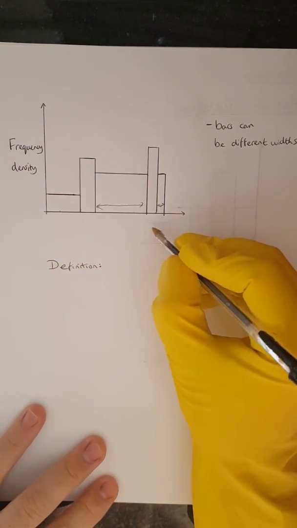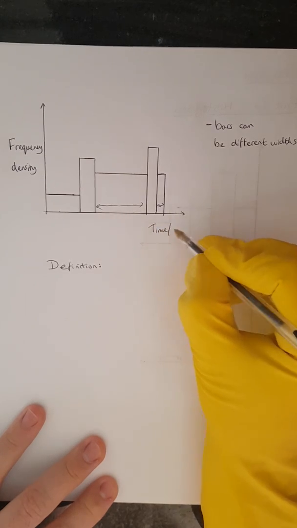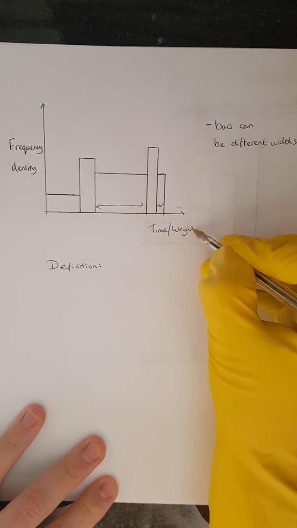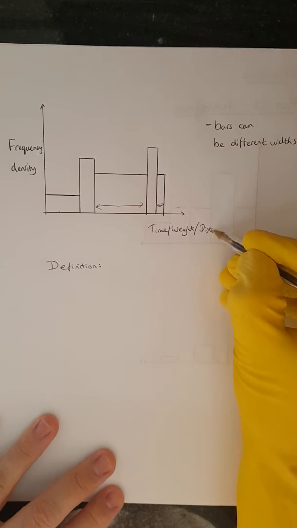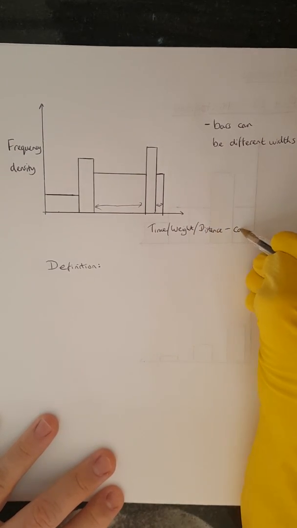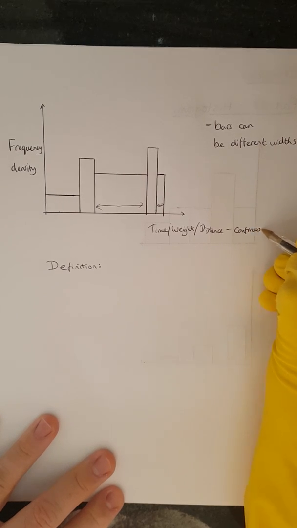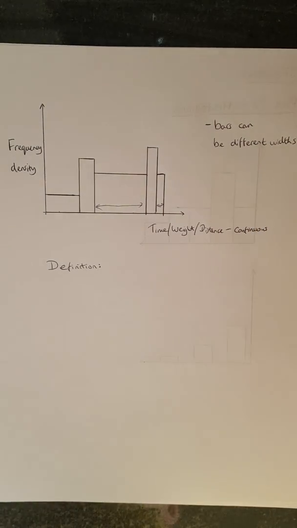Now your other axis might be something like time or weight or distance. These are continuous measures. Frequency density. It still doesn't tell us much about a histogram.